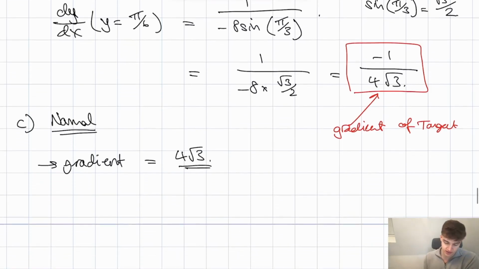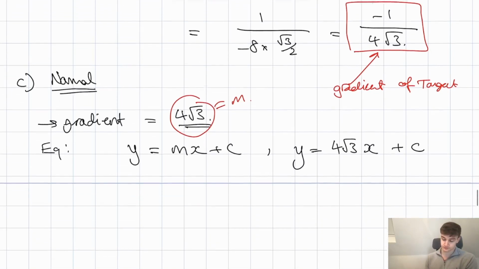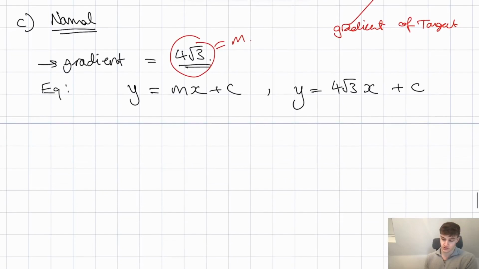So the equation of our normal is a straight line, y equals mx plus c, where this is our m. Right, that's the gradient. So the equation must be y is equal to 4 root 3 x plus c. Okay. So if we want to work out what c is, we do the same thing we always do.